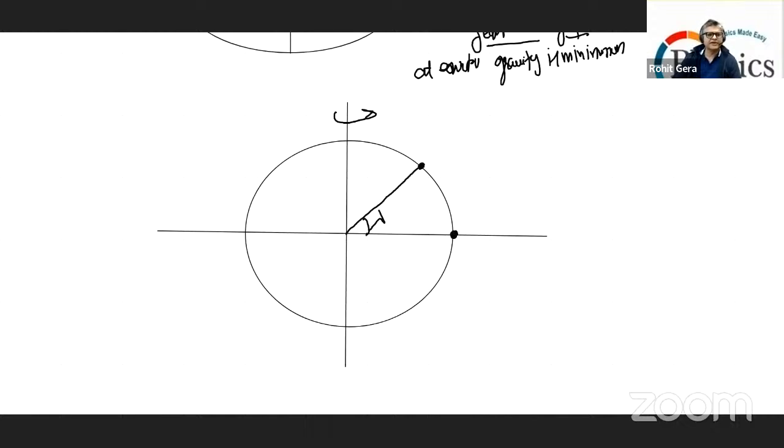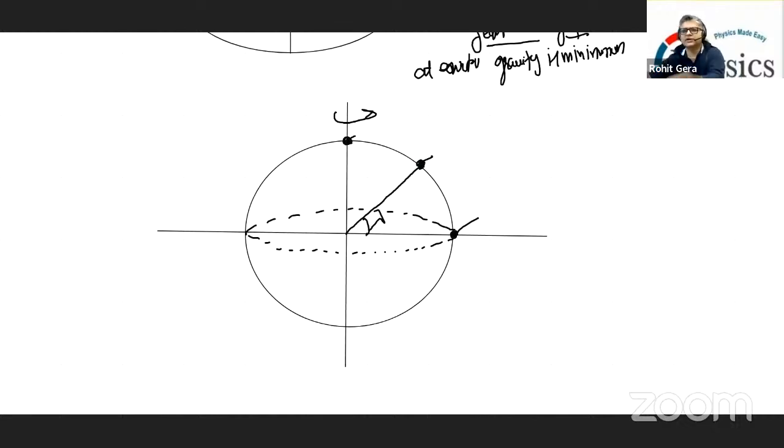This is the equatorial plane. So we are taking a position somewhere in the middle. So lambda is the angle projected, and this is the latitude of the place.